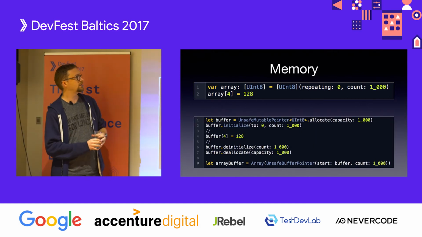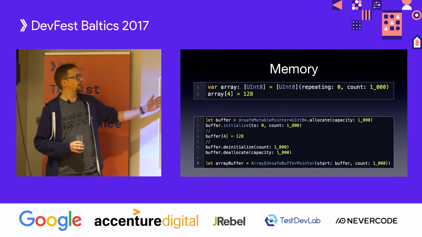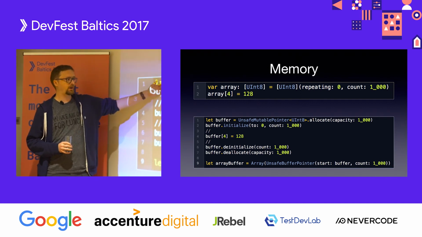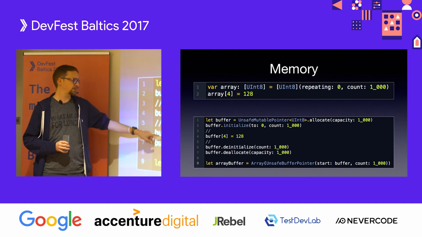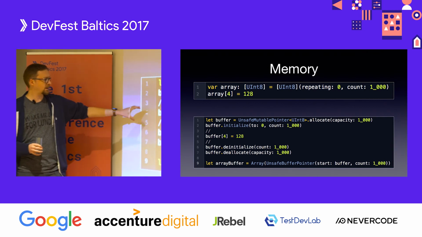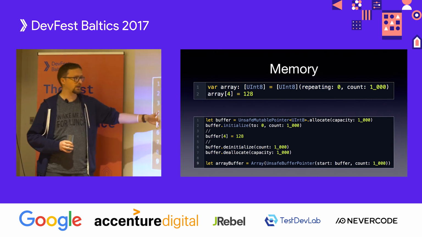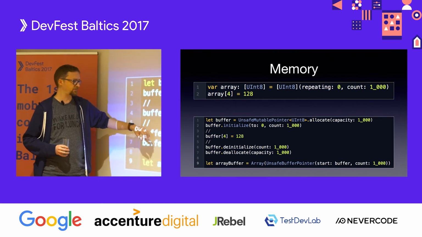So this gives me almost the same interface. I allocate the buffer, initialize the buffer, change the fifth element, deinitialize, deallocate. Normally, like in my case, I have a loop somewhere here, and I work on that buffer.